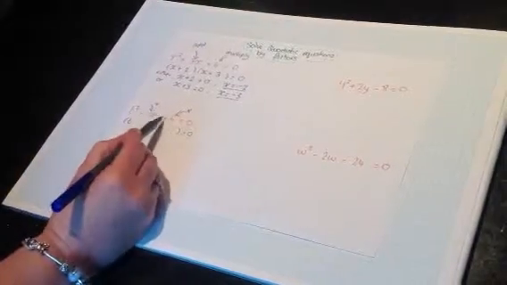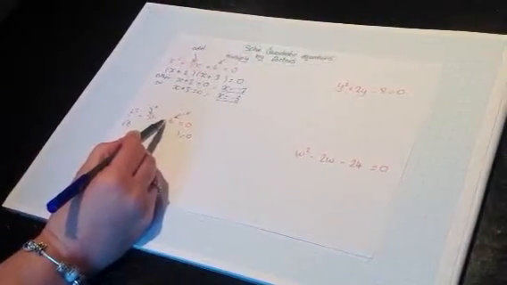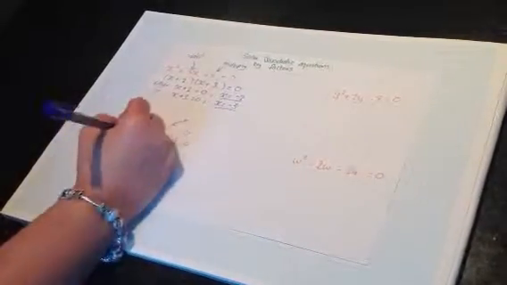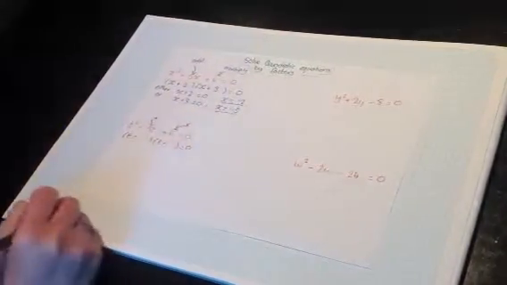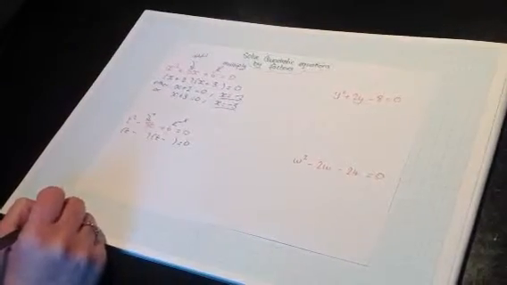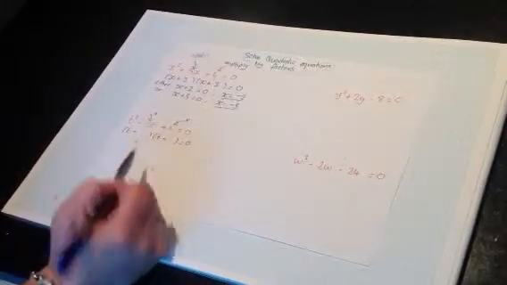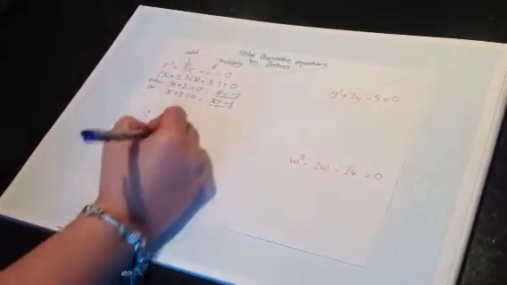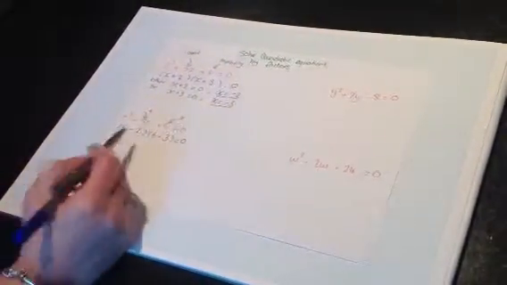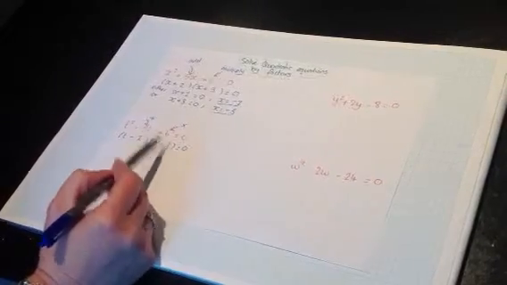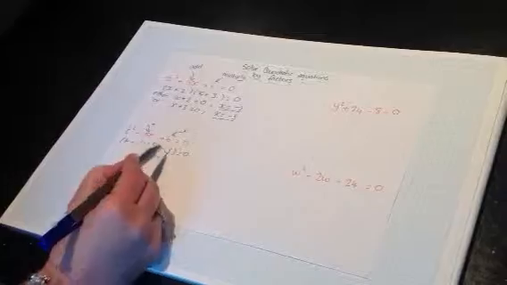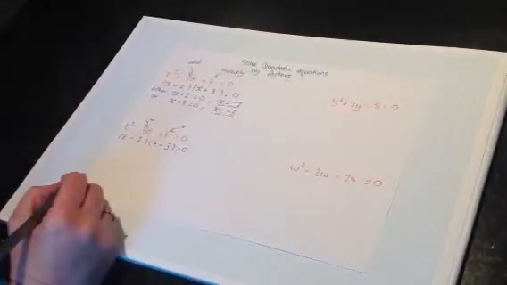Now the fact that this is a plus at the end tells me both signs in my bracket are the same, and this here being a minus tells me that they are both minus. So two numbers that multiply to make 6 and add together to make minus 5 would be minus 2 and minus 3. Since minus 2 minus 3 makes minus 5. Minus 2 multiplied by minus 3 makes plus 6.